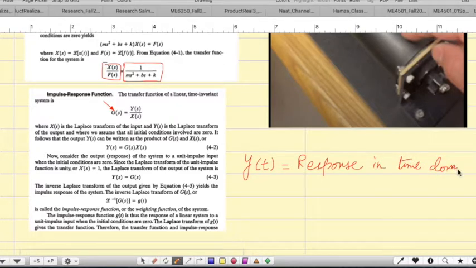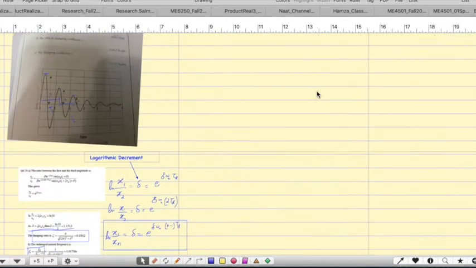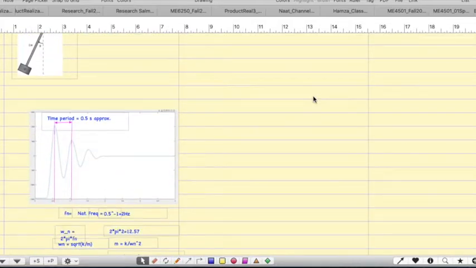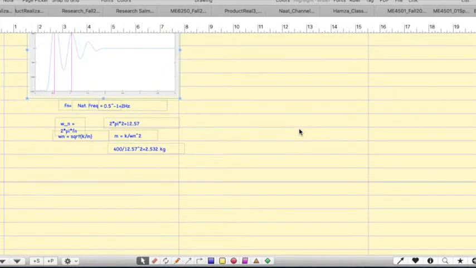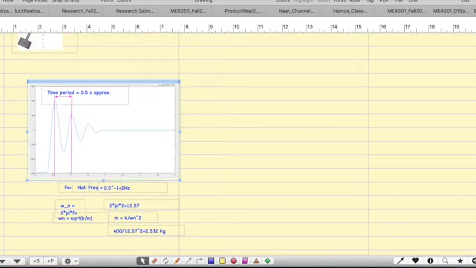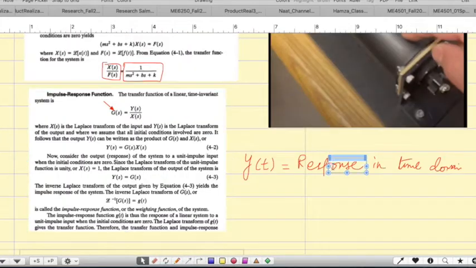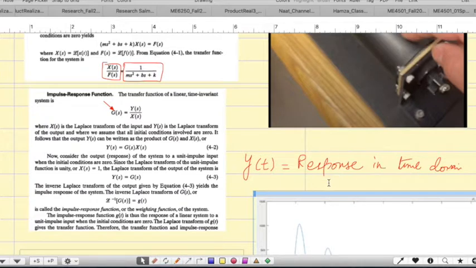So if I go back and pull this up from the previous lab, so that you should be able to see the time response. So okay, imagine this is the time response.